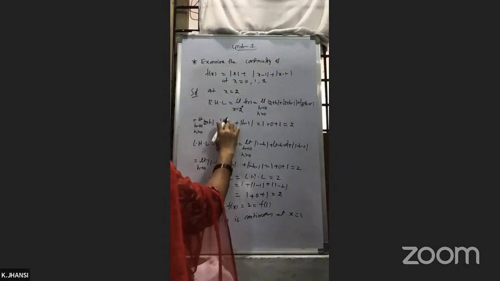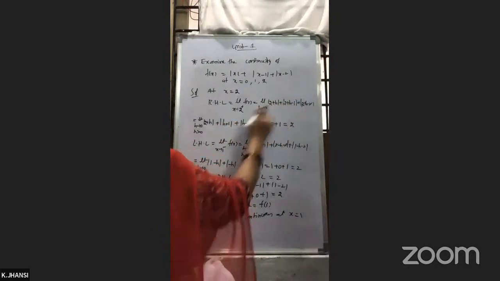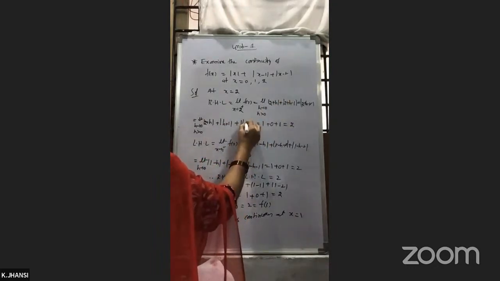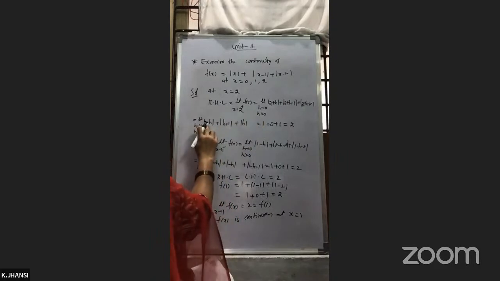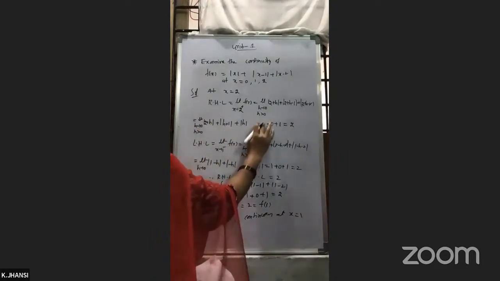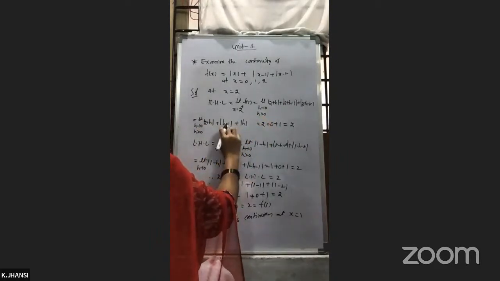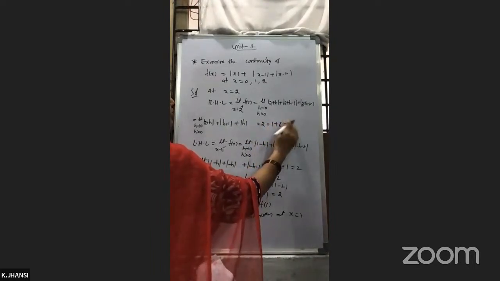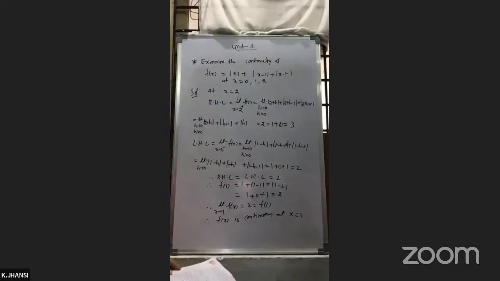This is h plus 1. So h, 2 minus 1 is plus 1. Here what you get? Only h. So here 2 plus 0 means here 2. And this is 1. And this value is 0. So this value is 3. At x equals to 2, you will get the value as 3.